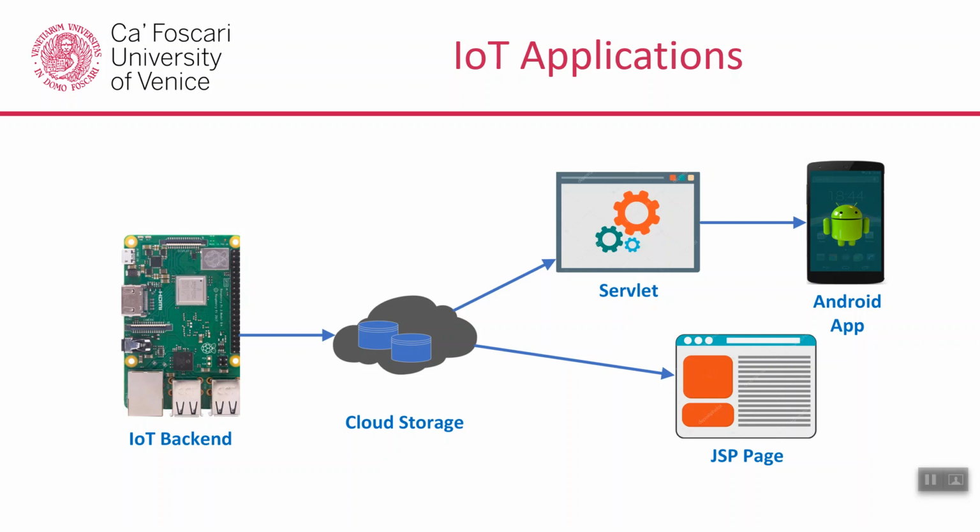So usually, first of all, on the physical device, we have some embedded software. Then in the back end of the IoT system, usually we have some so-called edge software running locally on the local gateway. Then, of course, this communicates with the cloud.